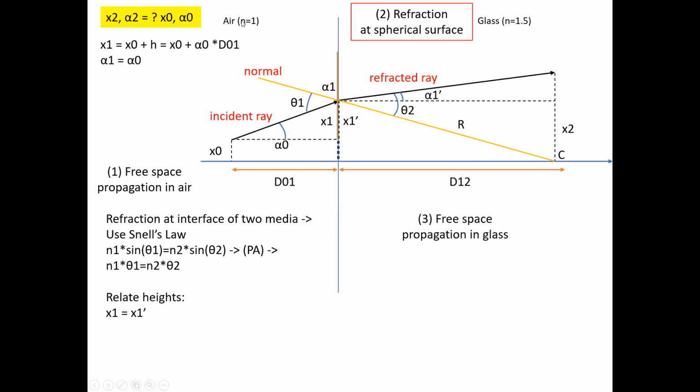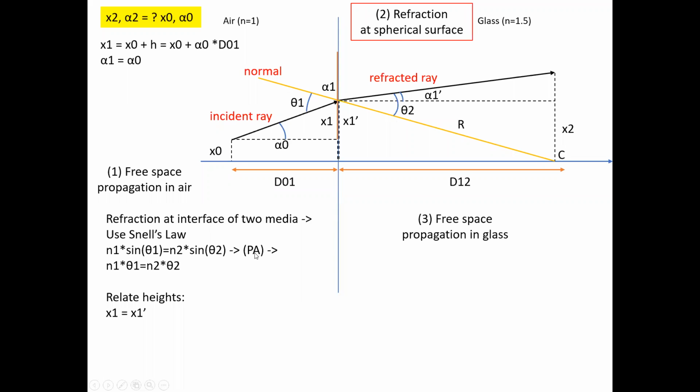Here it is air and glass, but in a general case, think of the left side medium as having refractive index n1 and the right side medium as n2. Later on, you can substitute n1 as 1 and n2 as 1.5. But let's keep things general. So n1 sine θ1 equals n2 sine θ2.